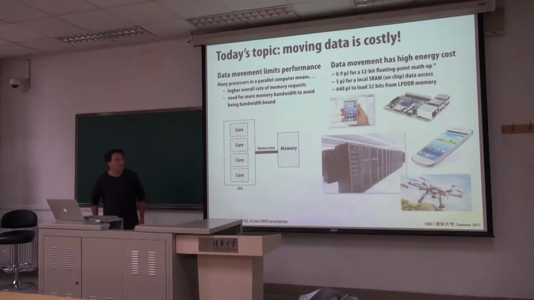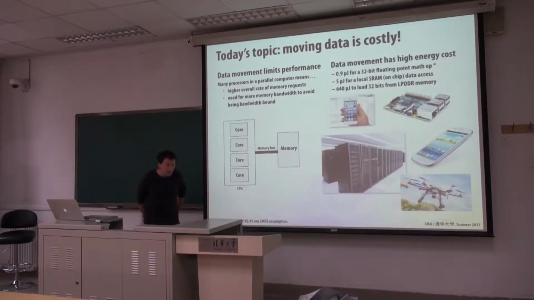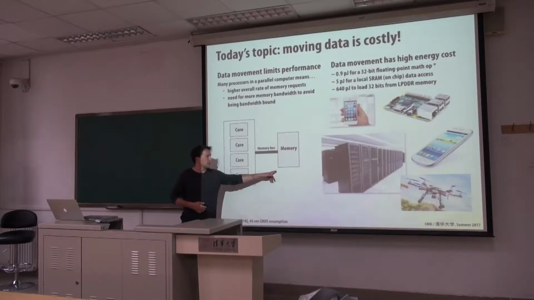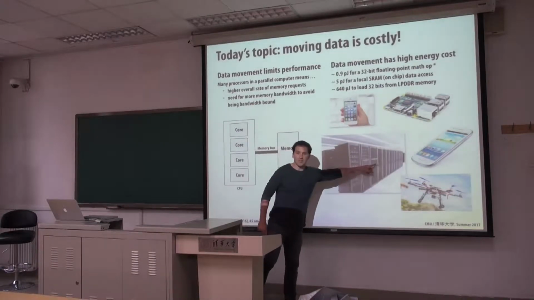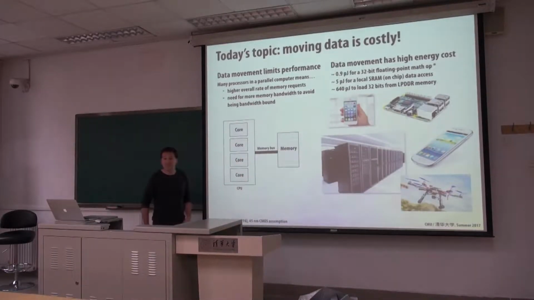Okay. So what I wanted to talk about today was actually about memory. Because in this class, even though the class is called parallel programming, I feel like all the time I'm talking about communication, not about parallel programming. That's because moving data from memory to a processor, or from one processor to another across a machine room, is very, very expensive.